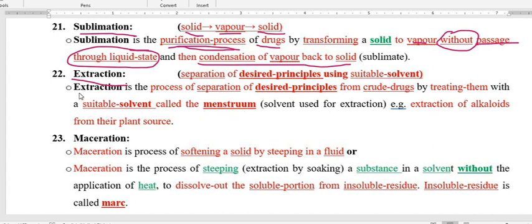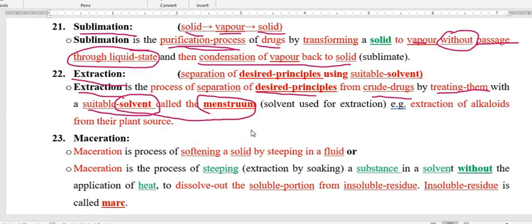So extraction is the process to extract the desired principle from the crude drug by treating it with a solvent. The solvent is called menstruum, and as a result we get a solution that has the desired soluble substance, like the extraction of alkaloids.